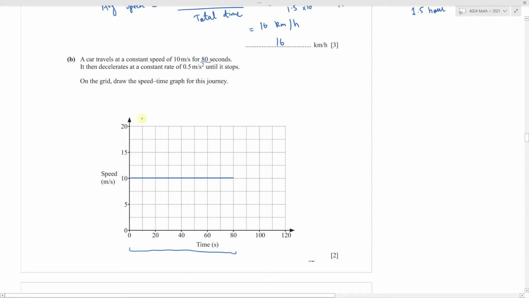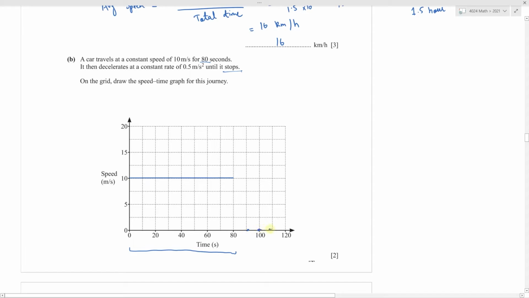It then decelerates at a constant rate of 0.5 meters per second squared until it stops. So if the car is stopped, that means your speed is 0. That means you'll end up on this x-axis somewhere where the speed is 0.